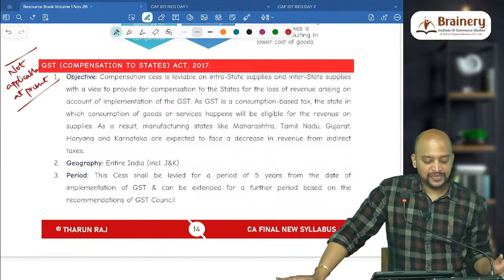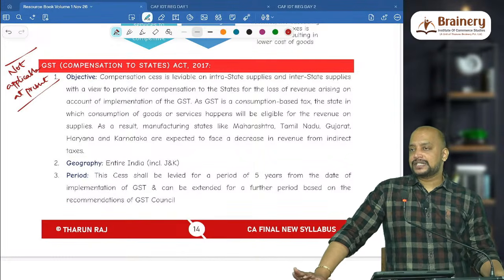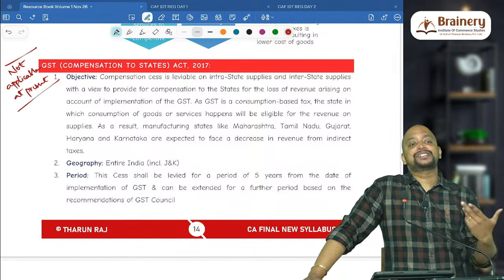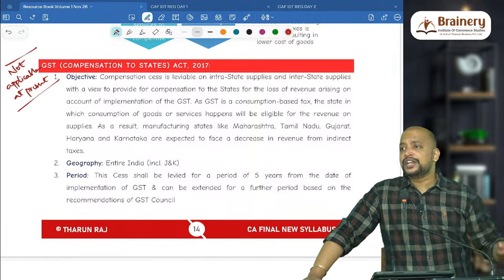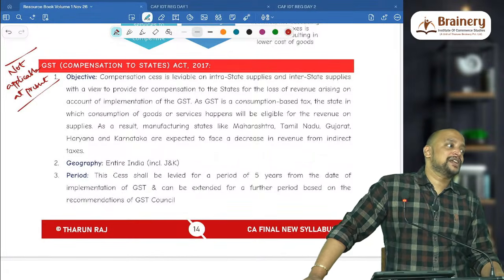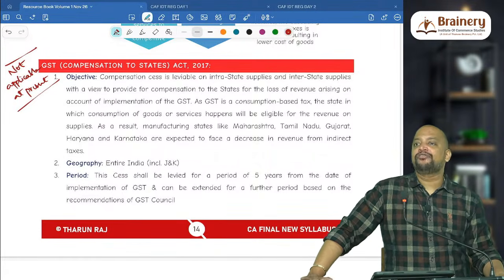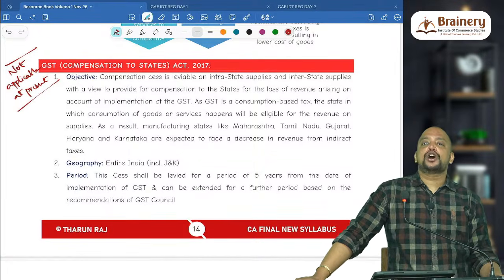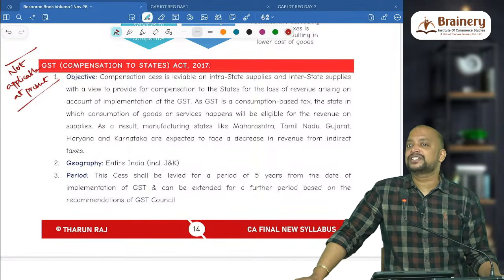Okay, listen. GST compensation cess was introduced for the purpose of giving compensation to the states. Why does compensation need to be given to the states? Because of implementation of GST, the states' indirect tax revenue may fall. Why will indirect tax revenue of the states fall? Because previously it was an origin based tax, now it is a destination based tax.